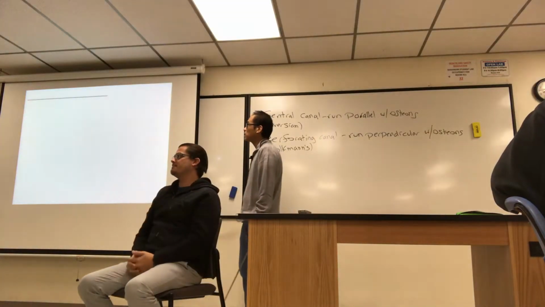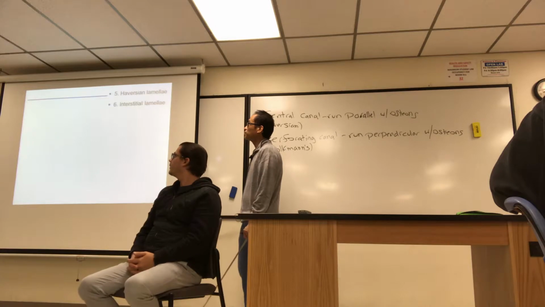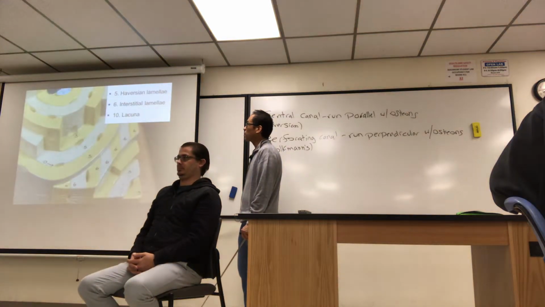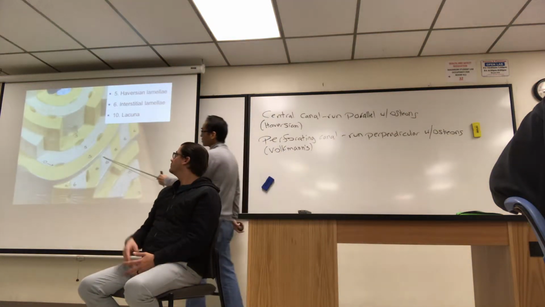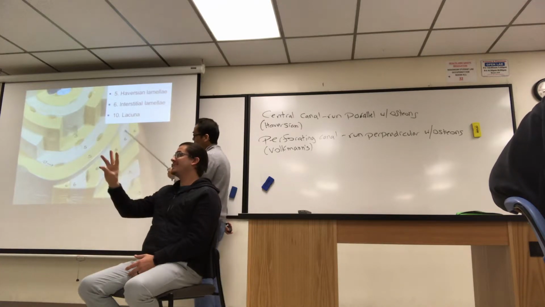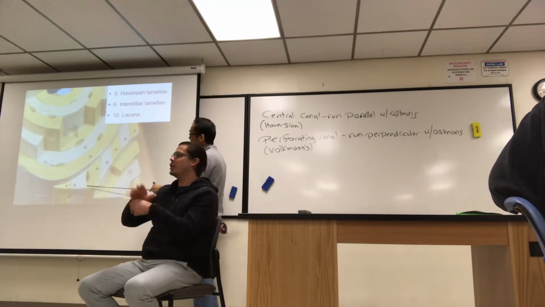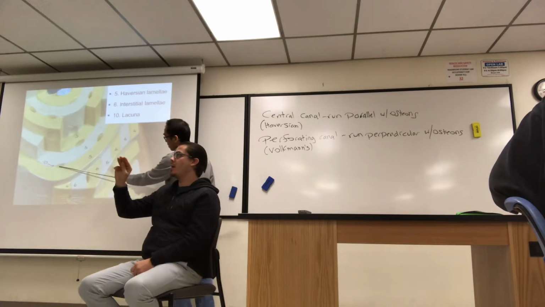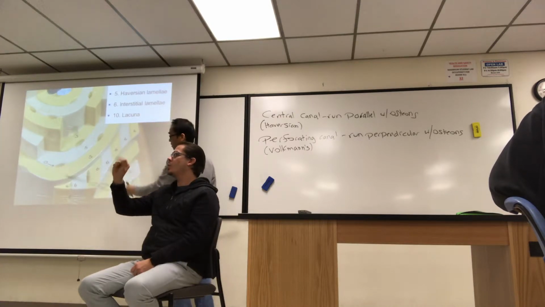Let's move it on. So again, 5 is your Haversian lamella. 6 is a gap filler, interstitial lamella, and the lacuna, the empty space, no cell in it.